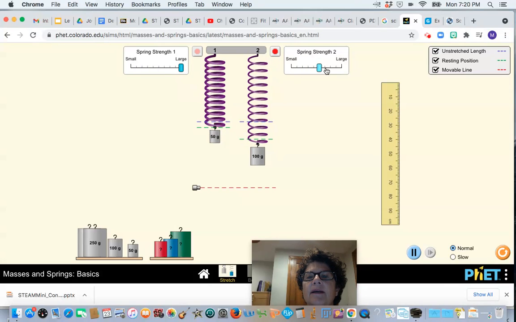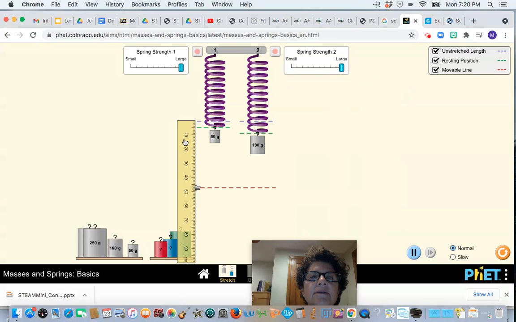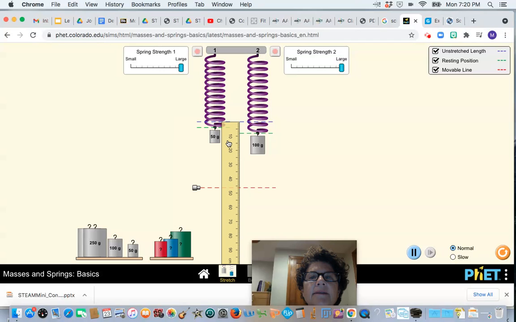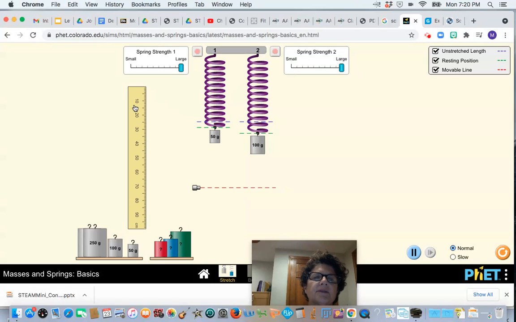And what if I did that? I'm trying to get that double. Oh, I almost did it there. Still a little less. That's interesting. So there are lots of different questions you could ask and then get the answers by collecting some data through a simulation. The problem with these is that there are no supporting materials.